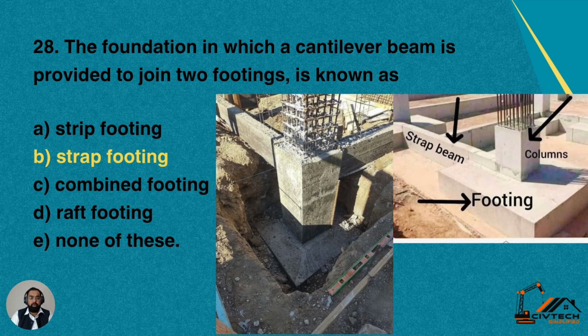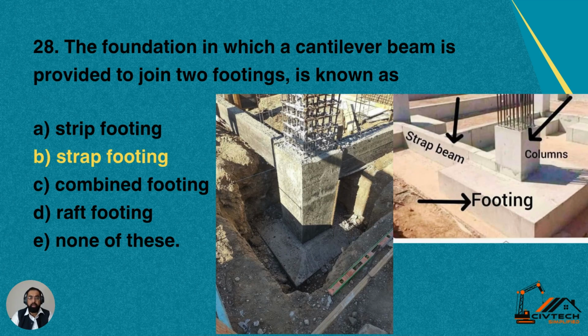Question 28. The foundation in which a cantilever beam is provided to join two footings is known as. So types of foundation, most of you would already be familiar. But if you need more explanation, you can always refer to CivTech Simplified.